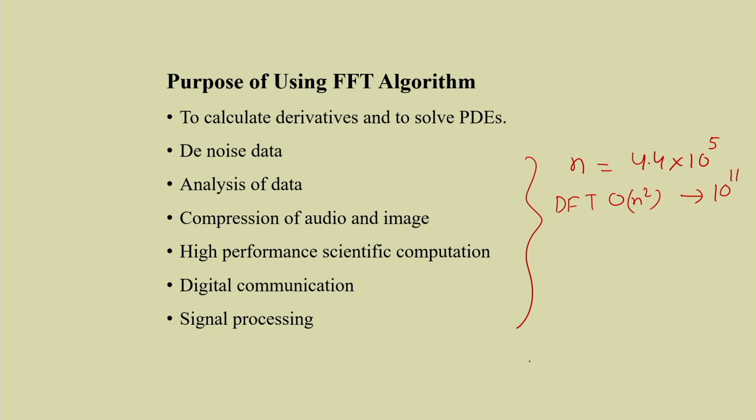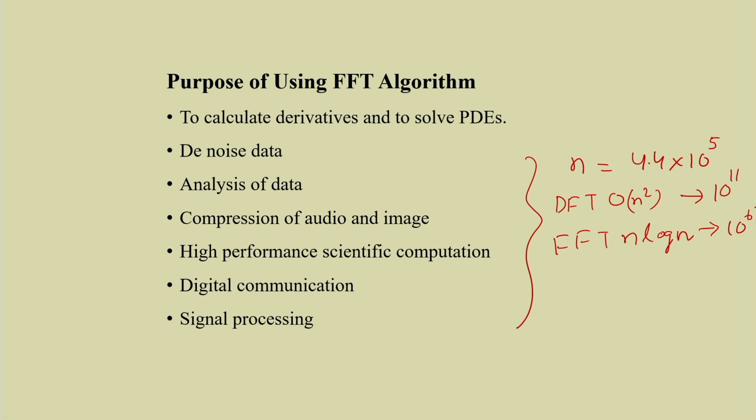So, you will have 10 to the power 11, but if you are doing FFT, here the order is n log n, with n equal to 4.4 into 10 to the power 5. If you do this n log n, it will be of the order of 10 to the power 6.